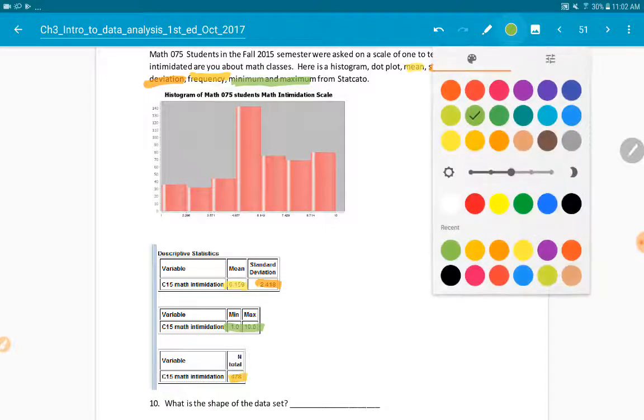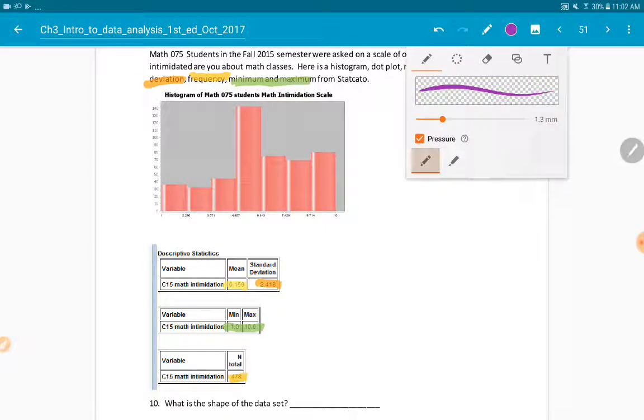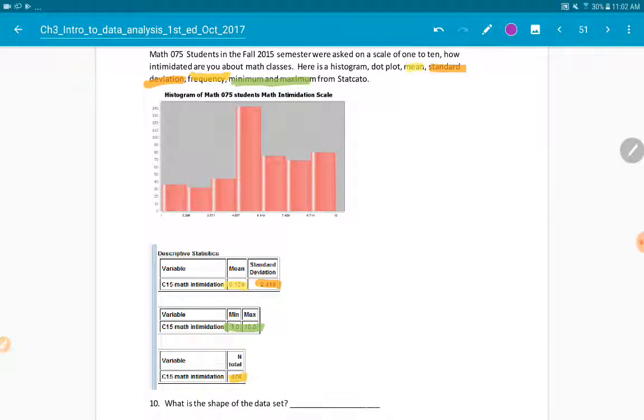And our histogram shape is most like a bell curve. It's got that high middle and then a little bit on both sides. So this shape we're going to call a bell curve or normal, whichever you prefer.